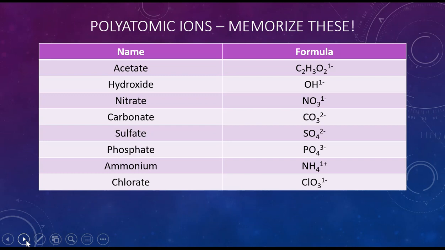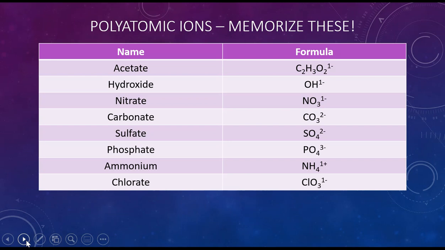But for acetate, hydroxide, nitrate, carbonate, sulfate, phosphate, ammonium, and chlorate, these ones up here, you do have to memorize the formula and charge because you need to be able to use those on quizzes or tests, because they are the most frequent and ones that you need to know.